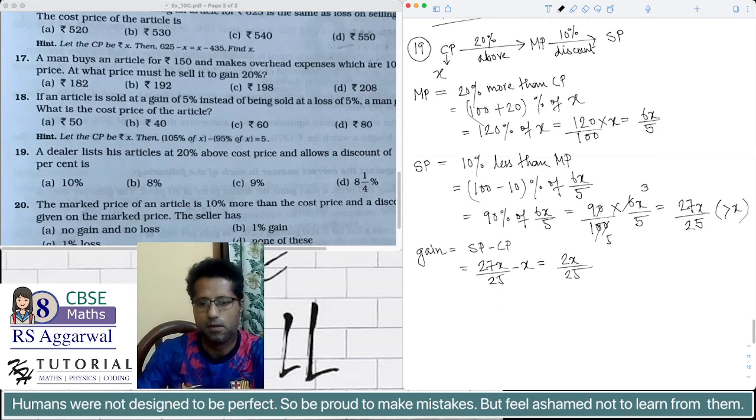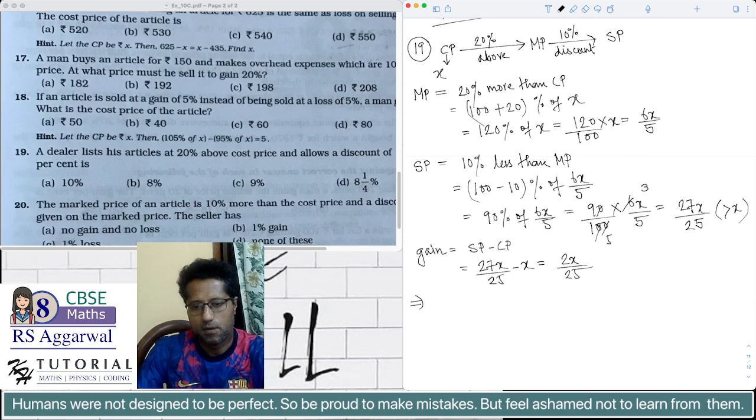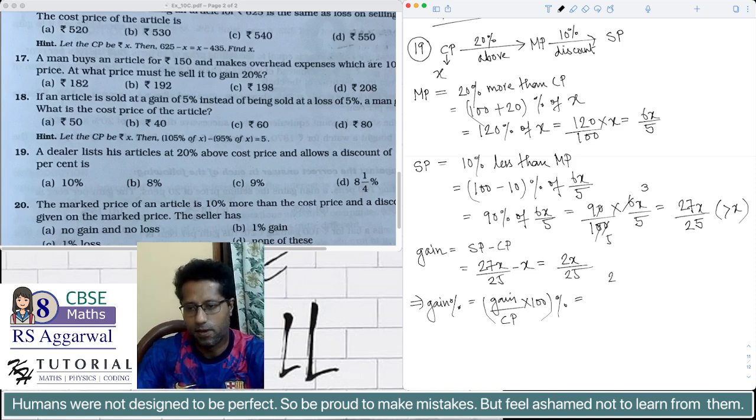This is the gain. So this implies gain percent is equal to gain divided by CP multiplied by 100 percent. Gain is 2X by 25, CP is X, and we multiply by 100.